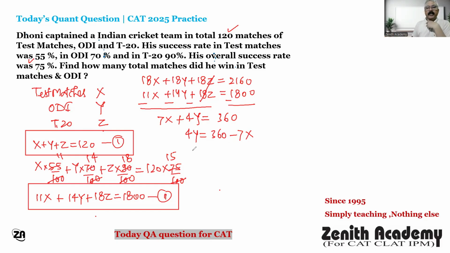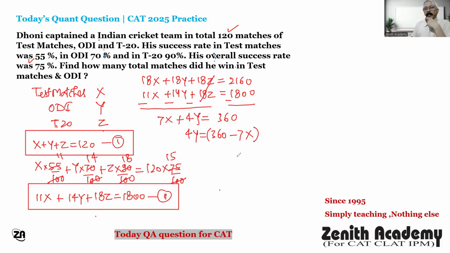The left hand side is a multiple of 4, so the right hand side should also be a multiple of 4. 360 is a multiple of 4, it is 4 into 90, but 7 is not, so x must be a multiple of 4. Then only can we say the left hand side is a multiple of 4 and the right hand side is also a multiple of 4. This indicates that x is going to be a multiple of 4.